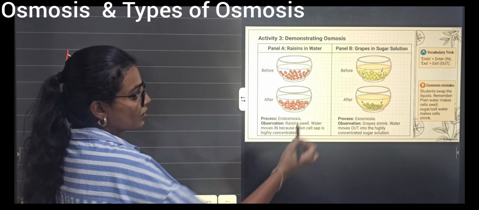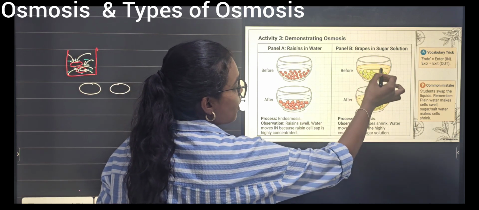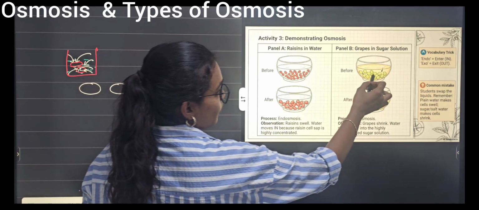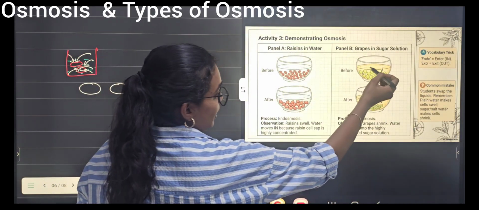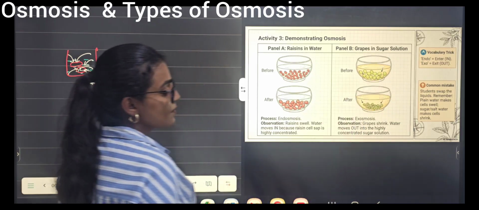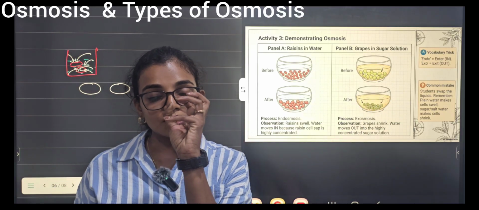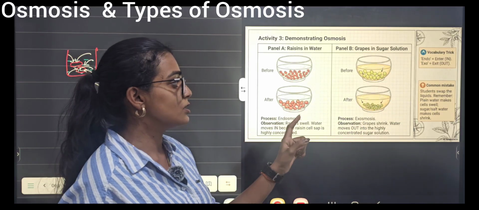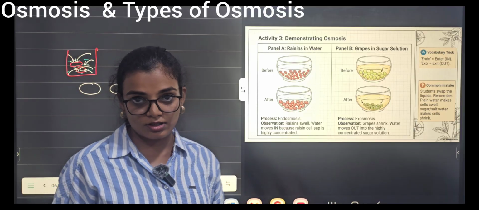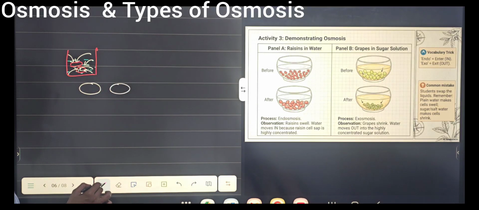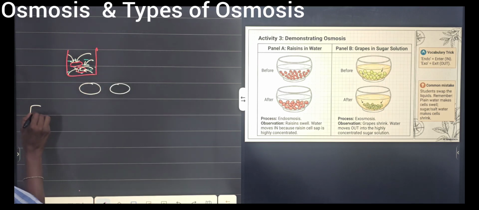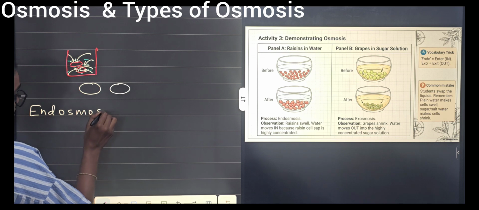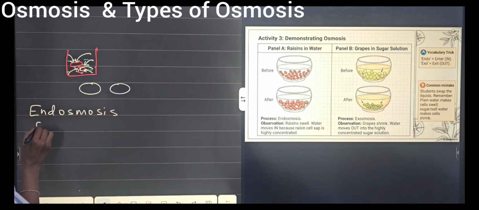So the water will move outside the cell, and as the water moves outside, the cell will start shrinking. This process is called exosmosis. So two important processes: endosmosis and exosmosis.